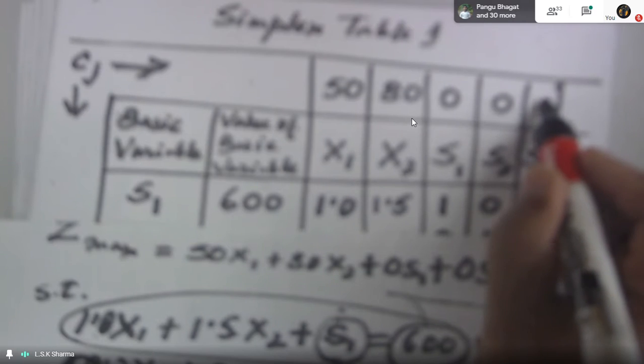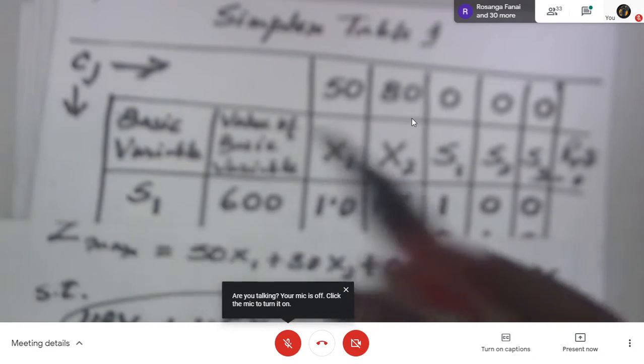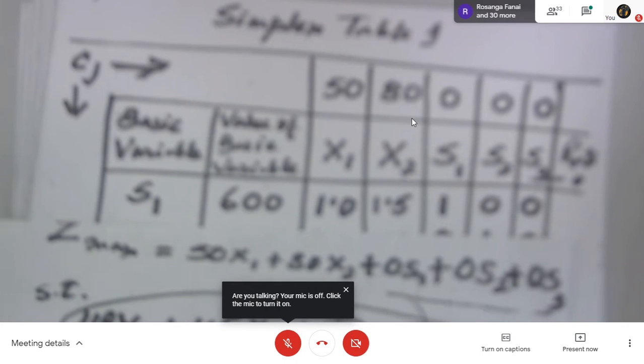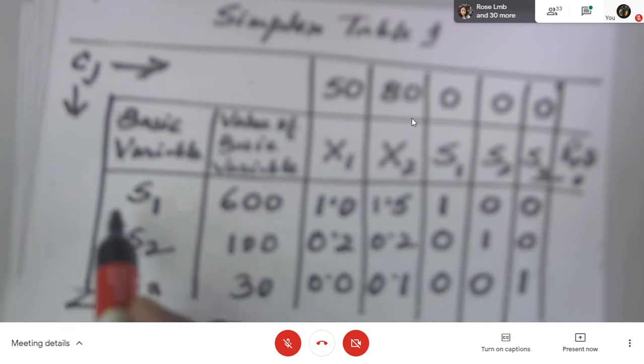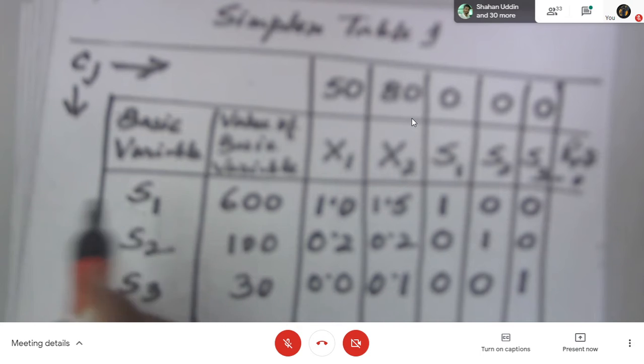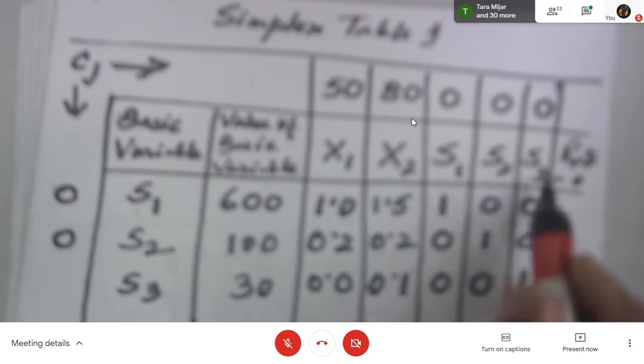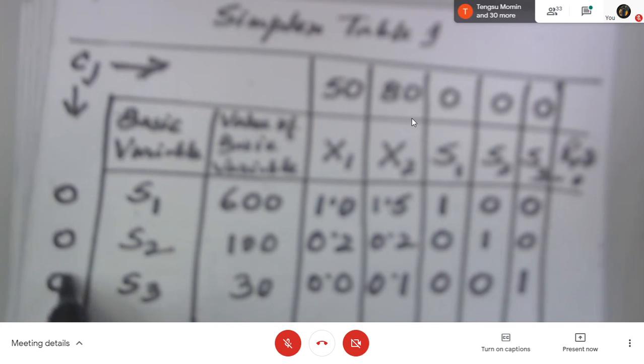So these are the contributions for every x1, x2, s1, s2 and s3. The value out here for s1 is 0, s2 is 0, and s3 is 0.